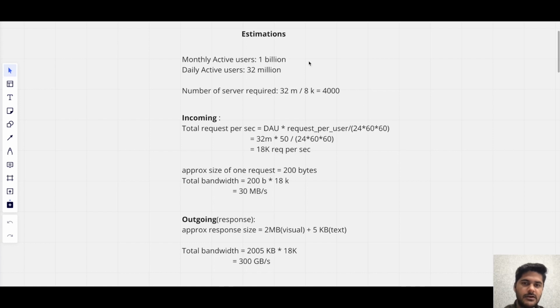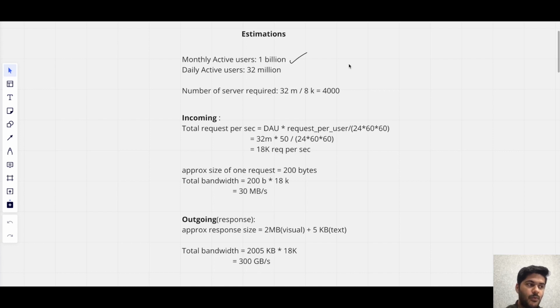So let's say we have 1 billion monthly users. This is an estimation I'm taking while designing this service. I'm assuming Google's real number will be near that, but not necessarily exact. I'm not talking about what the number is for Google. What I'm saying is, when I am designing this, what is my target.